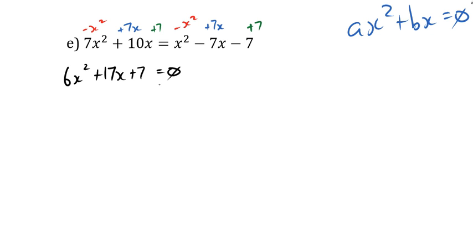Did you get 6x squared plus 17x plus 7 equals 0? If you went the other direction and you have negative 6x squared, it's way harder. We didn't do any factoring with a negative x squared term. It's way harder. So you would flip all the signs, but if you can avoid it and just make sure everything stays positive, then do that.